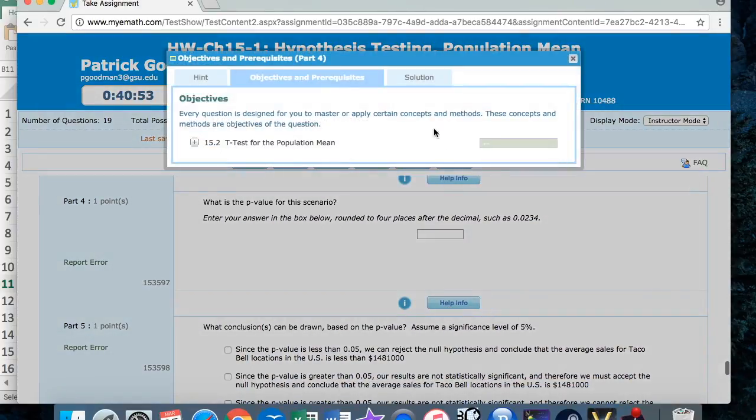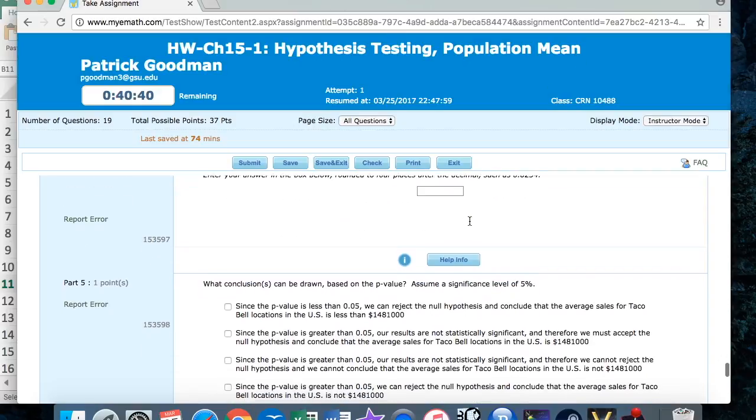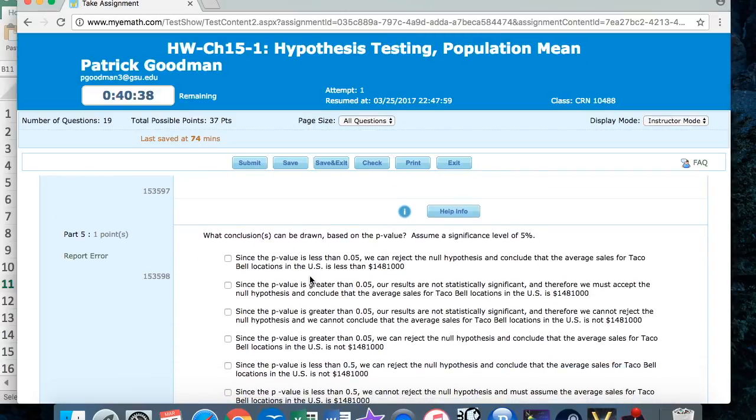So it says the p-value is 0.0205. Okay, so that's smaller than our alpha of 0.05. So in other words, we know we're going to reject the null hypothesis. So since our p-value is less than 0.05, we can reject the null hypothesis and conclude the average sales for Taco Bell locations in the US is less than this amount.